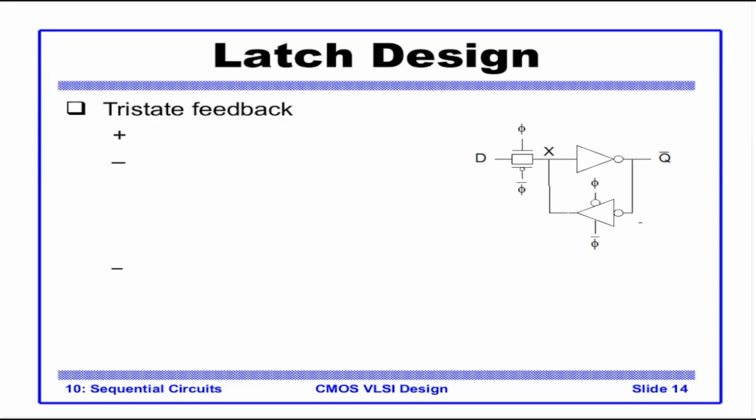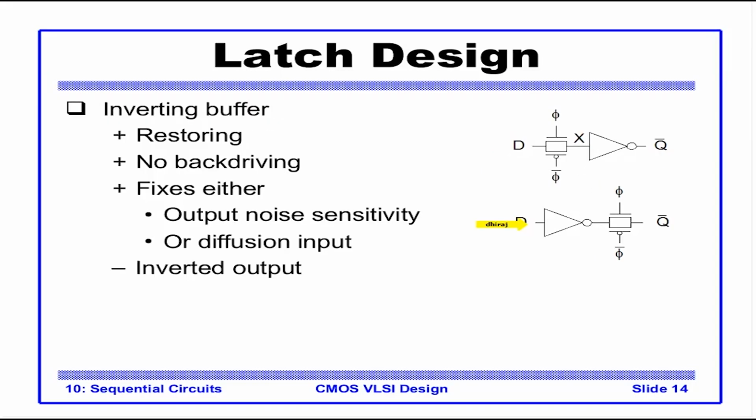Now let's go back to the previous circuit and see the state of X. The node X will have some capacitance with respect to ground or VDD depending on the logic level of X. Let's say the clock is 0. Whenever the clock is 0, this transmission gate is switched off.